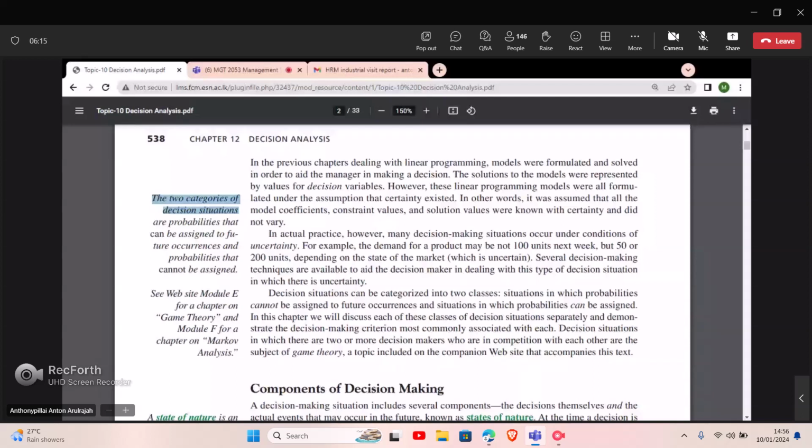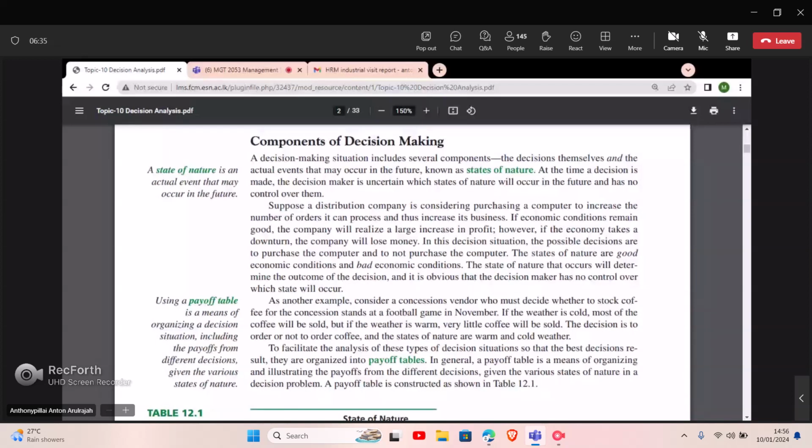For others, we cannot say anything; we don't know about the occurrence of that event. That is called probability cannot be assigned. In addition, there is a state of nature, an actual event that may occur in the future. Definitely it will happen.